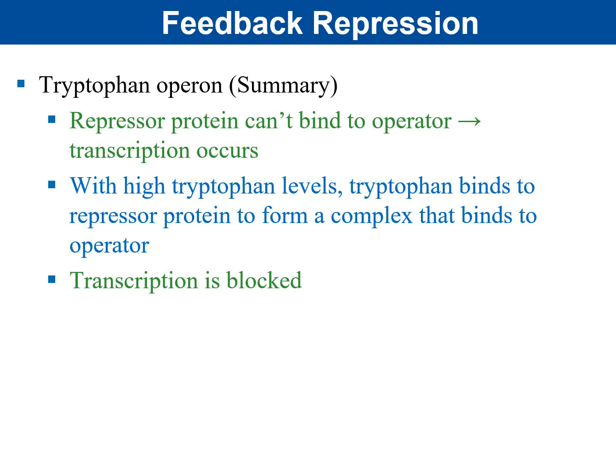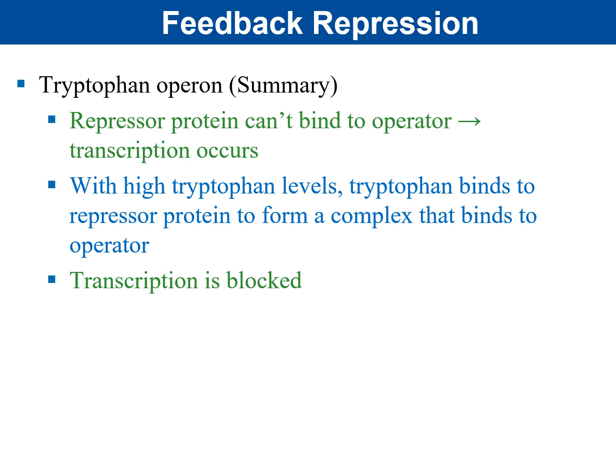So in summary, for the tryptophan operon, we can say that the tryptophan operon produces repressor proteins that cannot bind to the operator initially. The repressor proteins are inactive and transcription will occur.